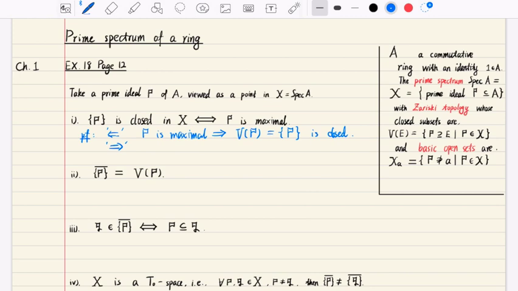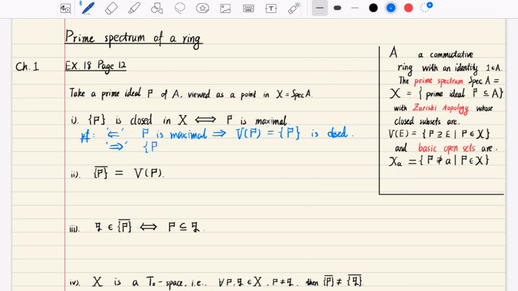Let's just use the definition. Let me think if it is possible. Yeah, it is possible.